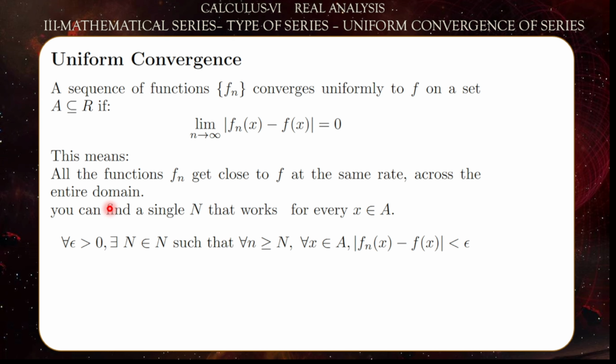It is not bounded at a point; it should hold for an entire subset, an entire domain. You can find a single N that works for every x within A, in other words.